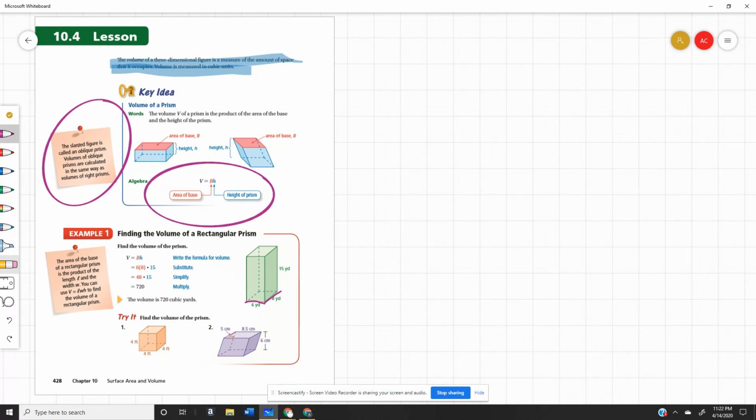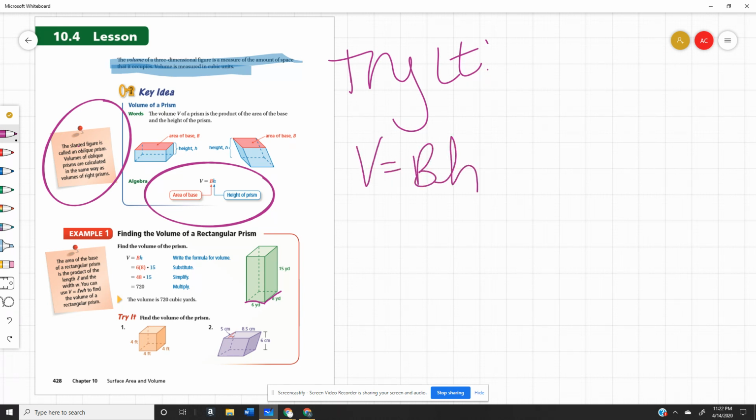And then we'll jump right into try-it 1. We have a rectangular prism. And I say rectangle because even though it looks like a square, remember all squares are rectangles, but not all rectangles are squares. Okay? So, find the volume of the prism. Volume equals area of the base times height.